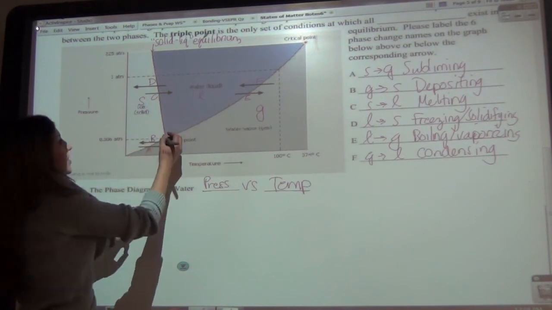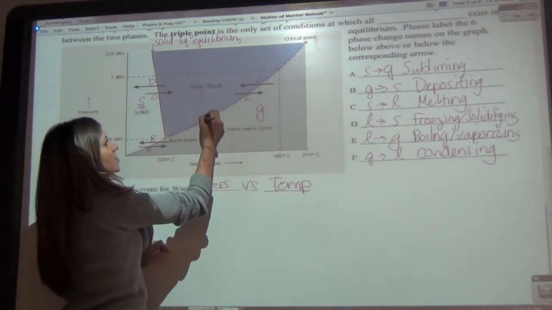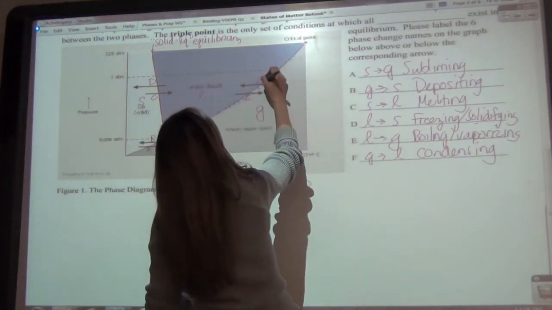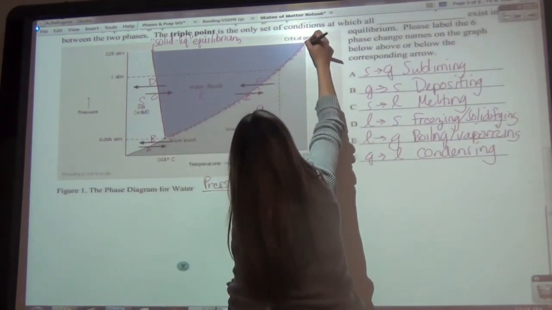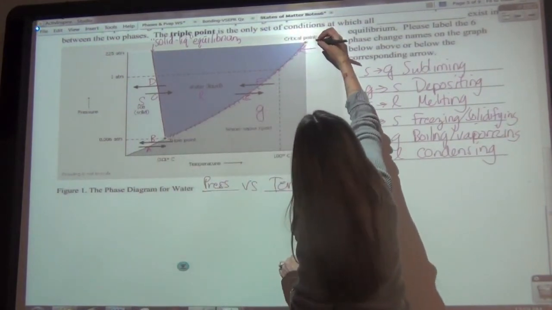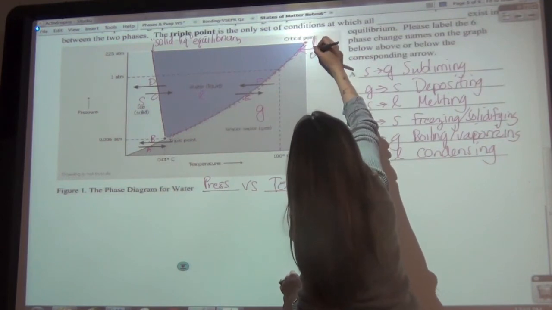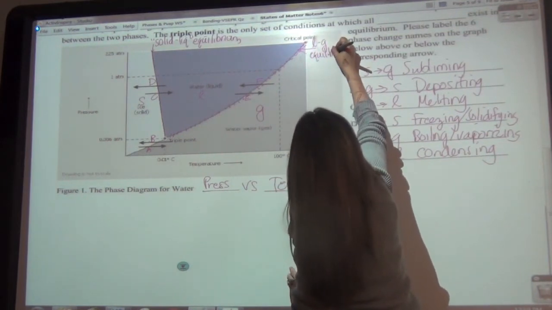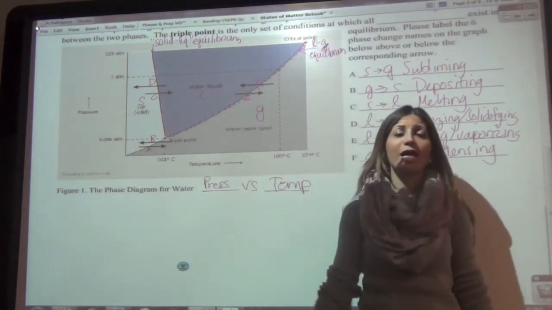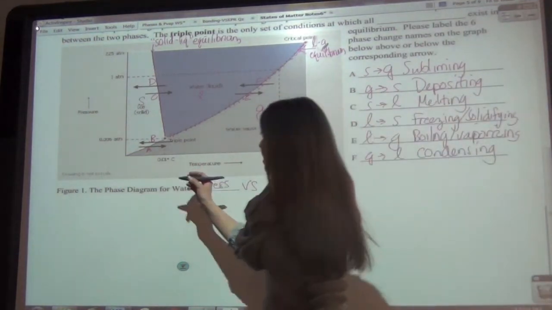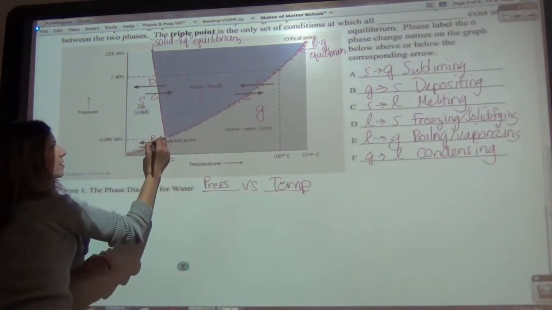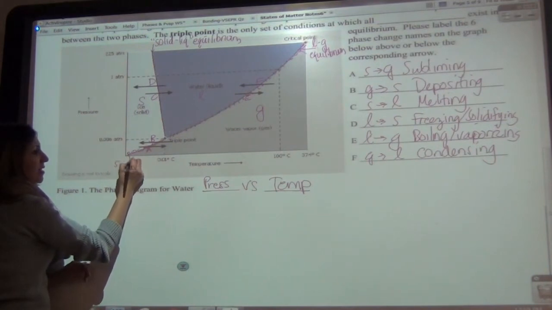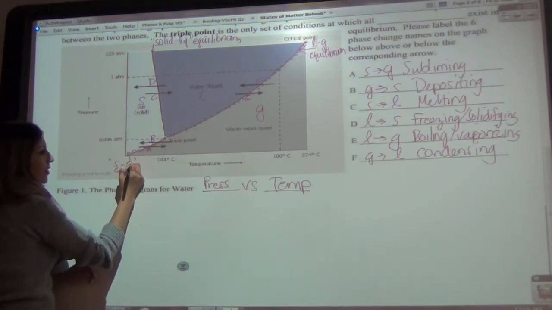This line here is called your liquid gas equilibrium. Anywhere along this line, you'll actually get boiling. And this one down here is your solid gas equilibrium.